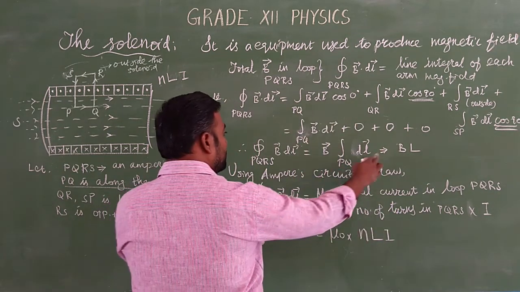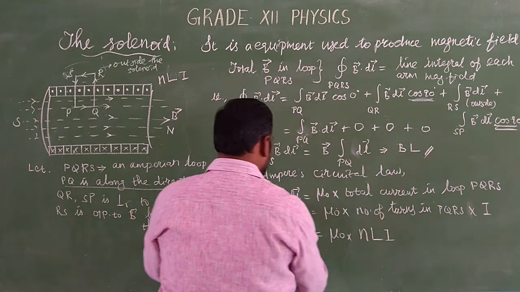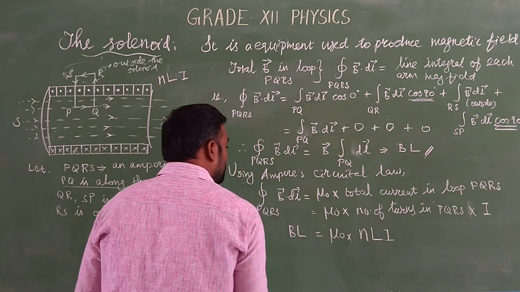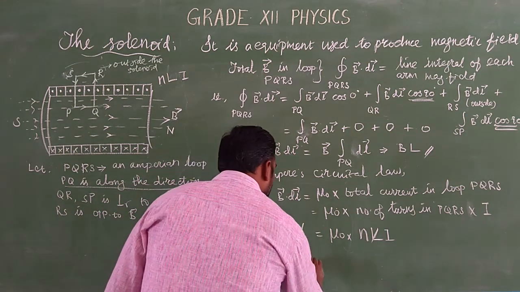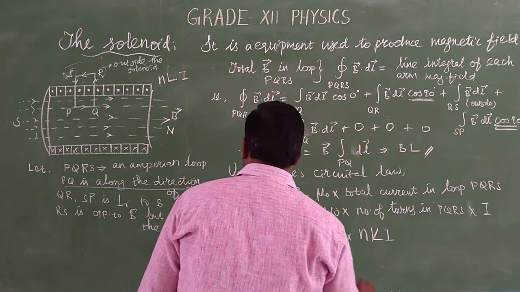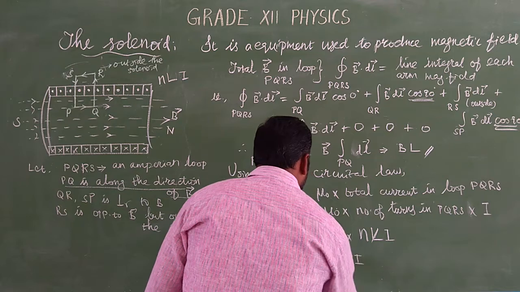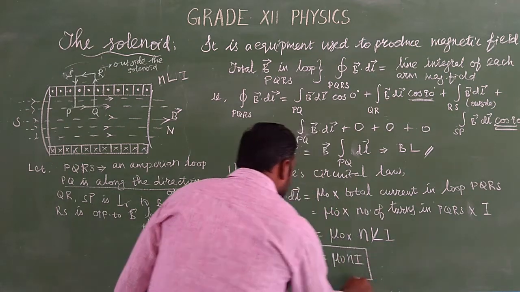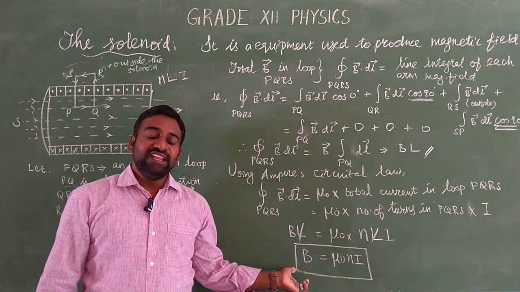So already we have got this value, closed integral PQRS B dl, which is equal to BL. So instead of this we can substitute BL. So the length on both sides is common. Therefore, the total magnetic field inside the solenoid will be mu naught times the turns in which the current is entering. So this is the total magnetic field inside the solenoid.